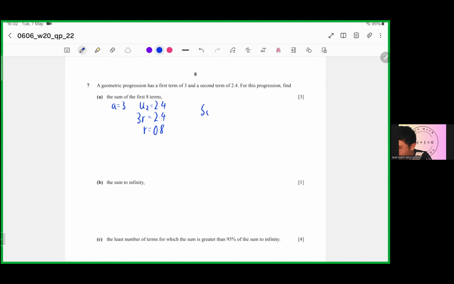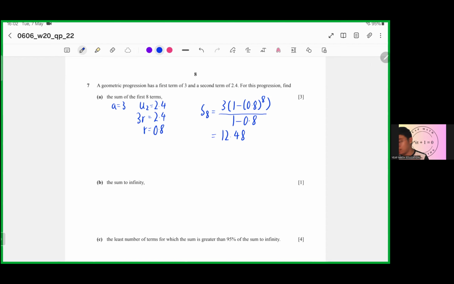Now we can find the sum of the first 8 terms. a equals 3, 1 minus 0.8 to the power of 8, over 1 minus 0.8. The answer is 12.48.